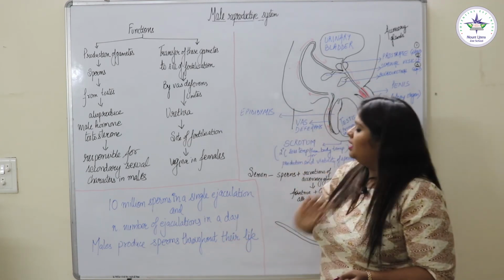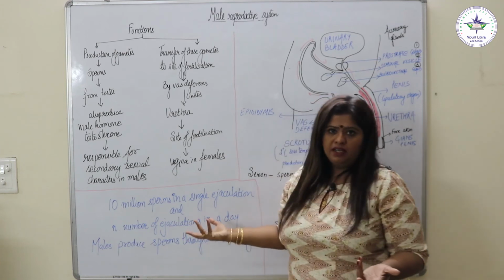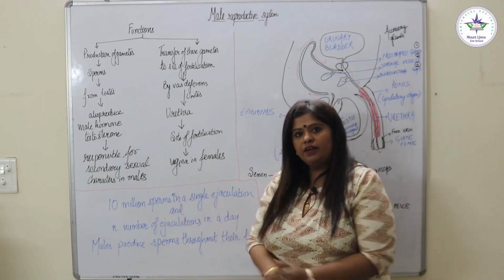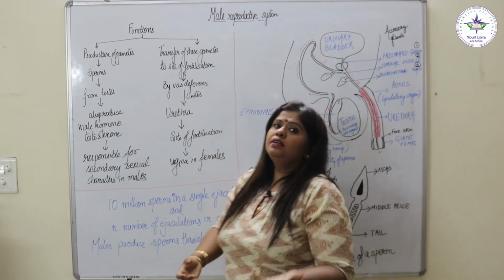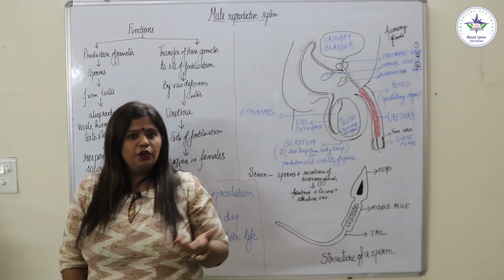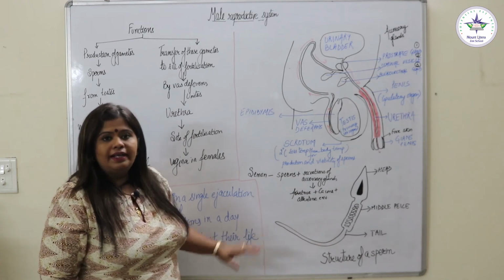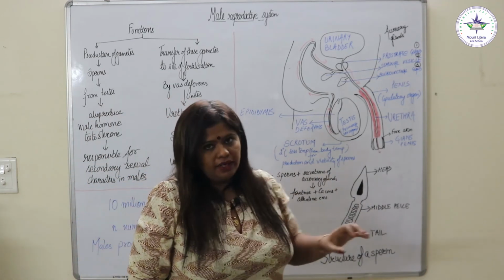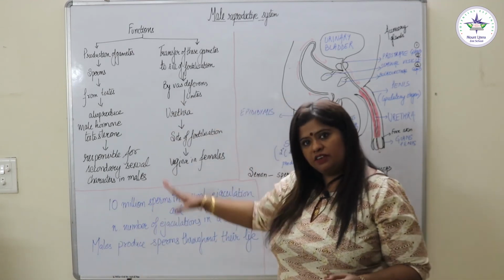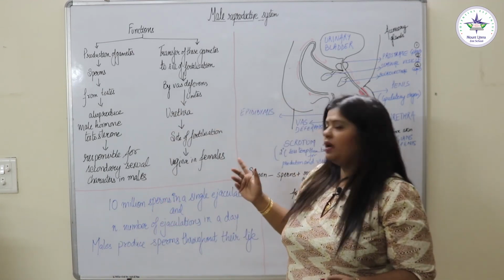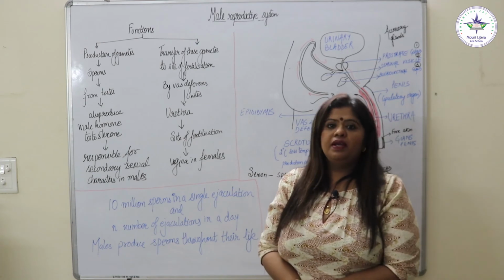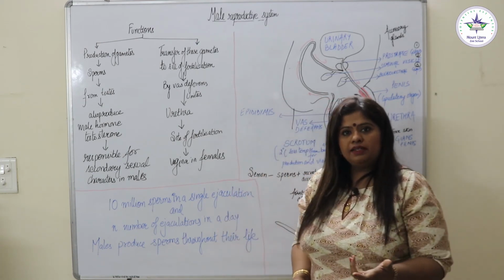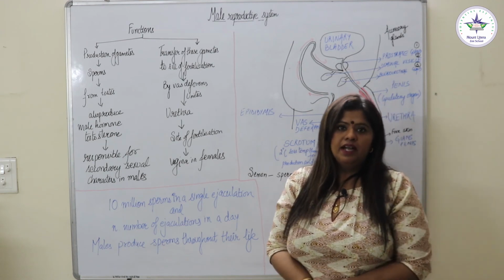And when I say the number of ejaculations in a day, it's all so as to increase the chances of fertilization during the fertile period in the human female. Till the last breath, a male is able to ejaculate sperms. So that's the basic difference between the human male reproductive system and the female reproductive system. The functioning of the female reproductive system we will study in the next video.